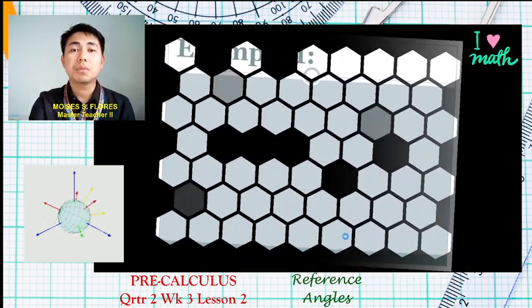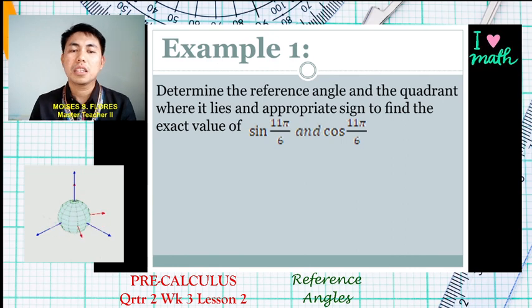The first example here, guys, is to determine the reference angle and the quadrant where it lies, and the appropriate sign, to find the exact value of sine 11 pi over 6 and cosine 11 pi over 6. So you're asked for the reference angle, the quadrant where it lies, and the appropriate sign of your exact value.